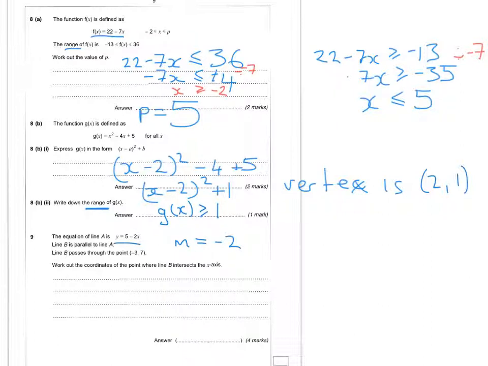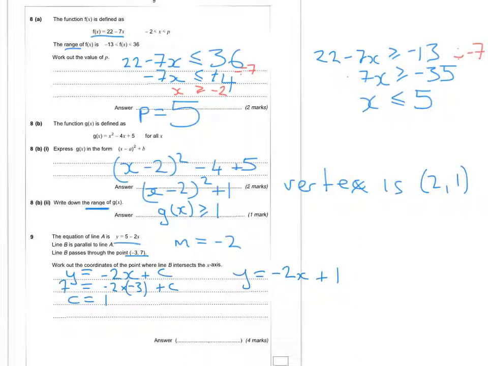So first of all, we need to write an equation for line B. So we've got y equals -2x plus c. But we know the point, -3, 7, so -2 times -3 plus c equals 7. C must be equal to 1. So y equals -2x plus 1.